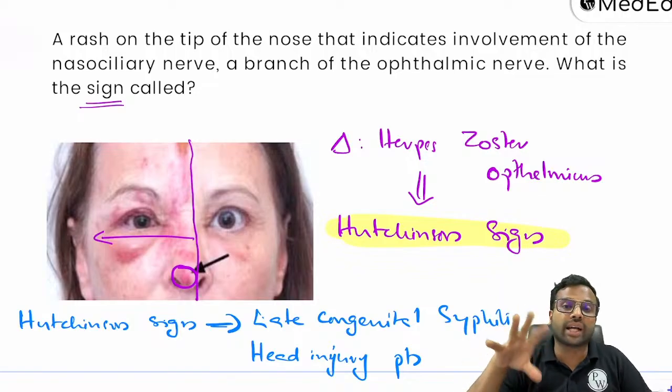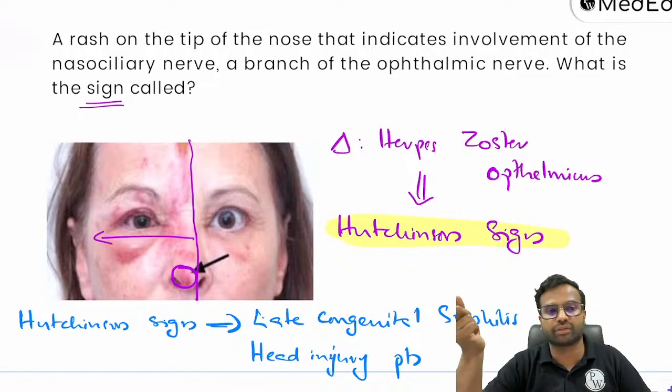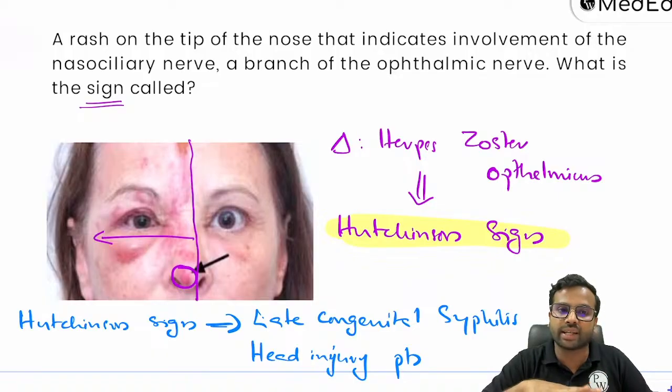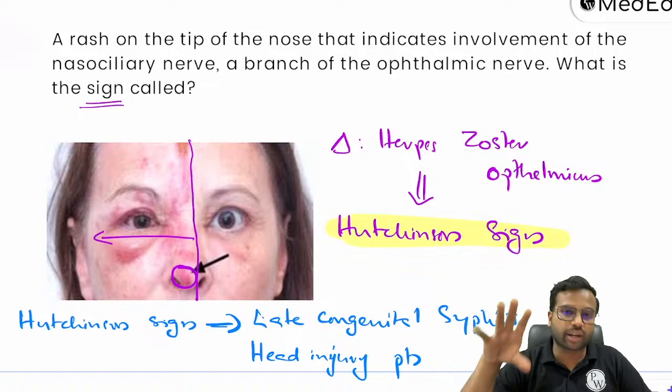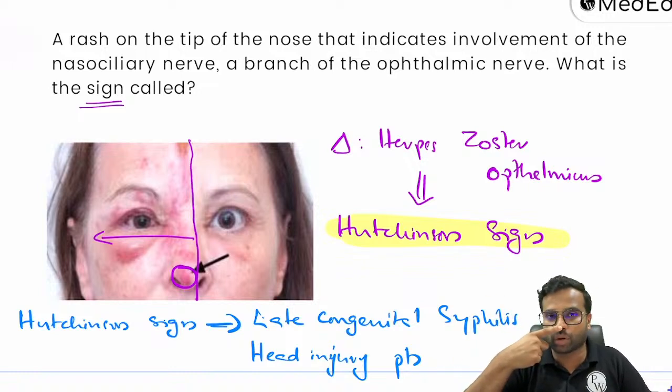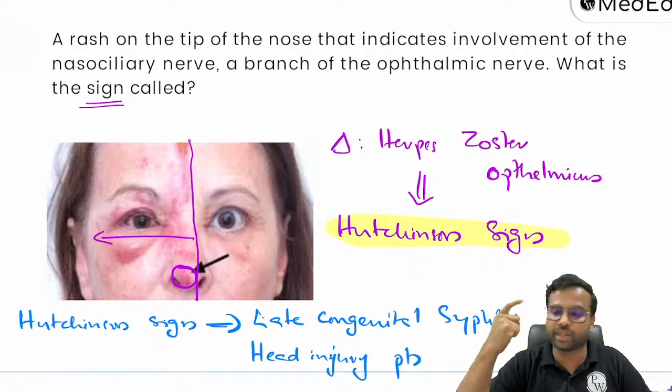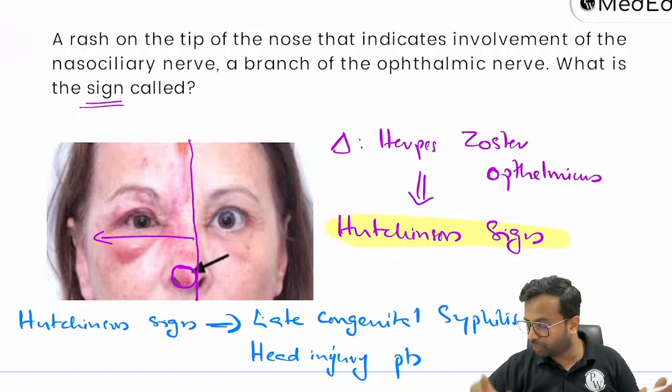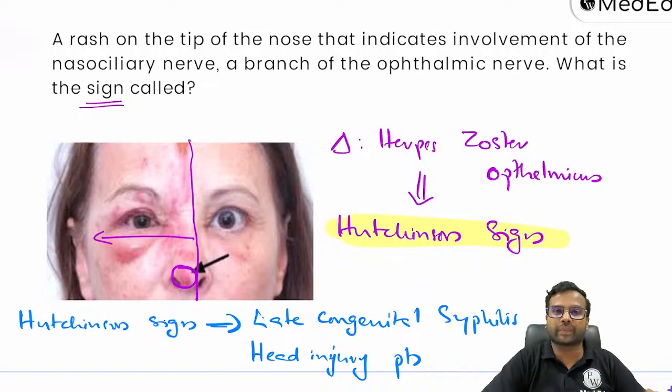Whereas in late congenital syphilis, there is another Hutchinson sign. But in herpes zoster ophthalmicus, the Hutchinson sign refers to a vesicle at the tip of the nose, which implies involvement of the eyes. That is how you need to correlate all these subjects together, especially when you are nearing the exams. Clear?